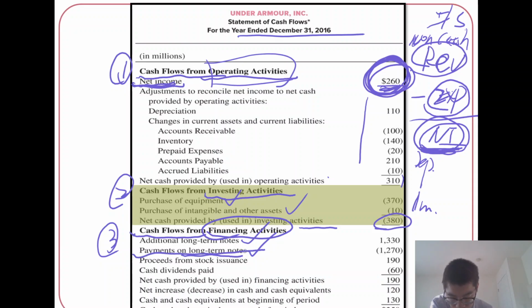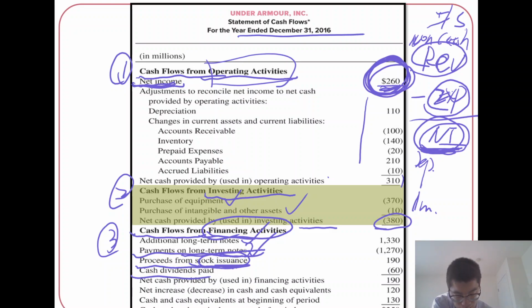We paid back for those long-term notes, and that is due to the money borrowed through long-term notes. Then it also belongs to financing activities, and proceeds from stock issuance, that is cash received from stock issuance, right? And that is financing activities.